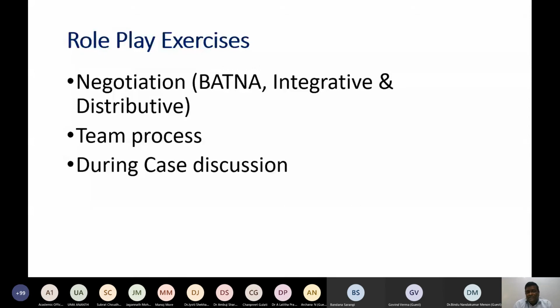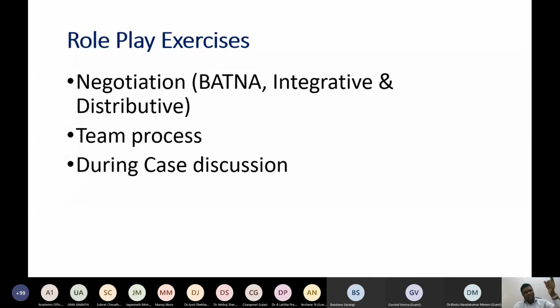Sometimes cases will give you the scope to play that role play. Sometimes there are two actors in the case, and after discussing the case for some time, you can ask them to play those characters. Yeah, I have some cases like that in HRM, with a performance appraisal scenario. This guy would expect some promotion.